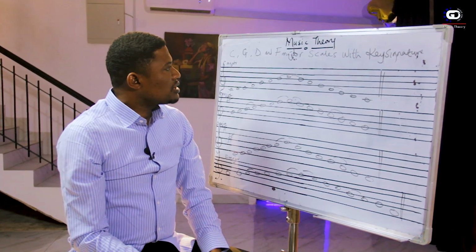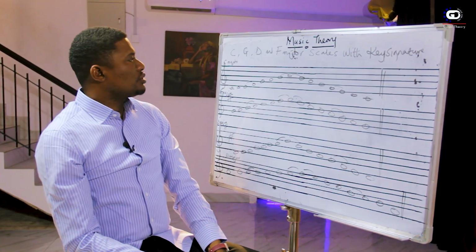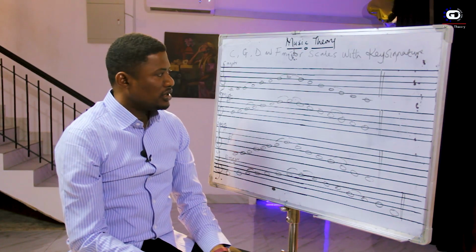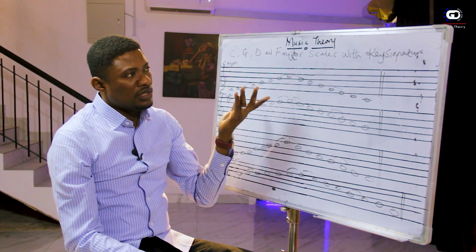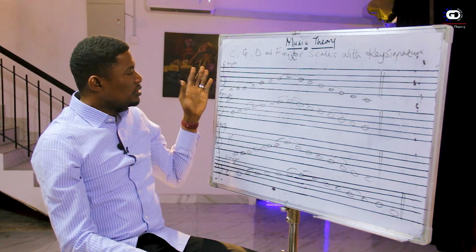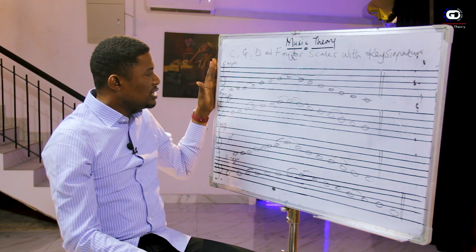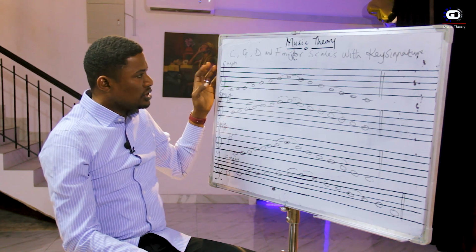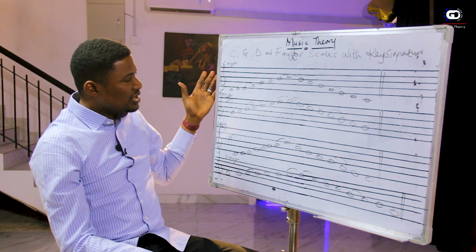All right, next let's get into C, G, D, and F major scales with key signature. Previously, we learned about the key signature and we said these are the symbols we place at the beginning of the music or the staff. That means the sharp or the flat at the beginning.